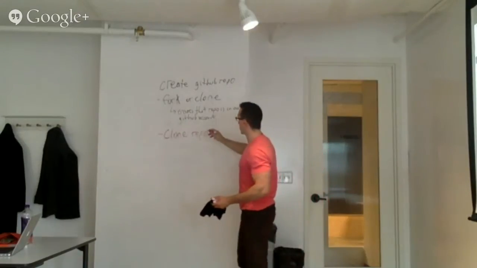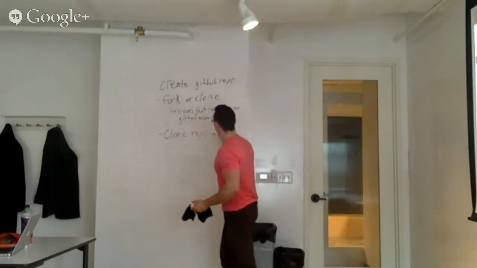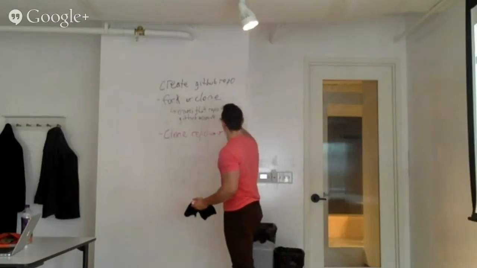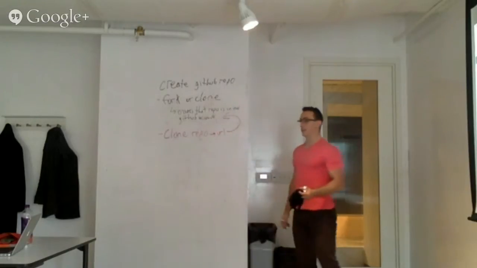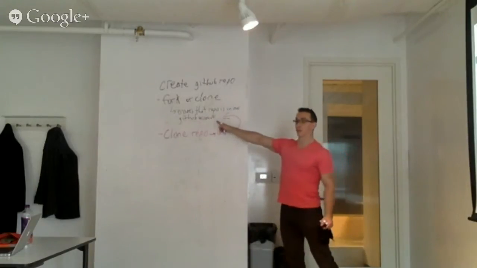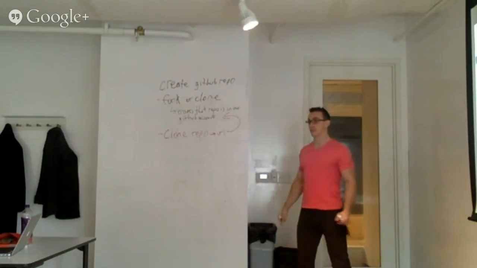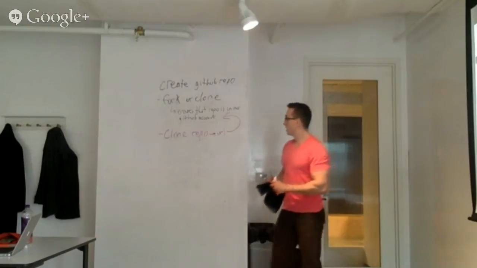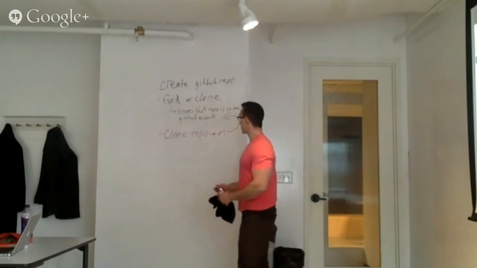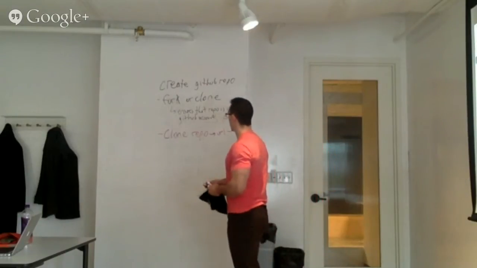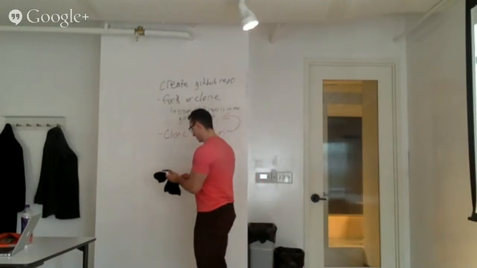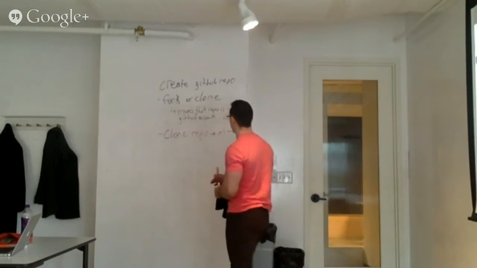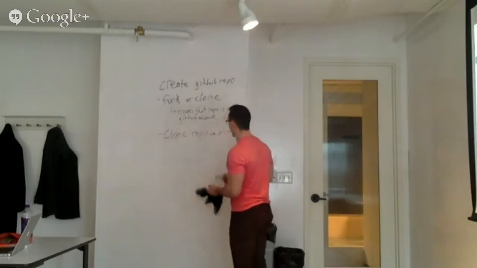So that basically clones the repo, we then enter the URL of this Git repository that we created on GitHub, right? Yeah, which was generated for us on GitHub, right? Exactly. So we clone the repo.